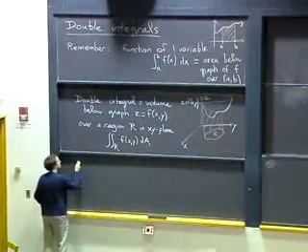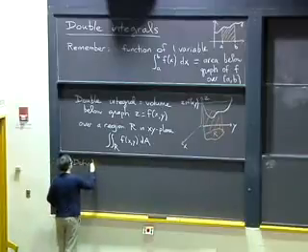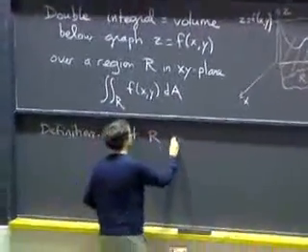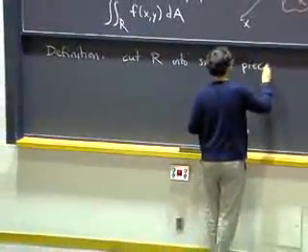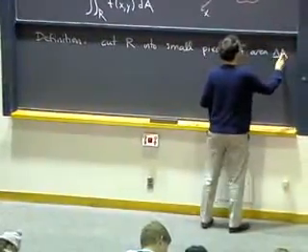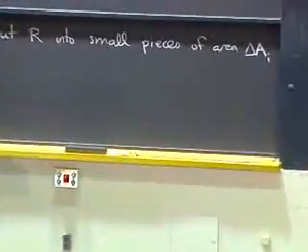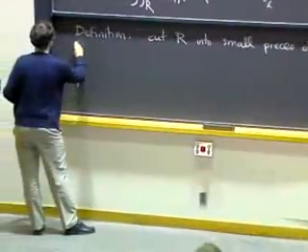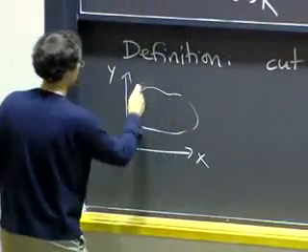So the actual definition involves cutting R into small pieces of area called delta A, or maybe delta A_i, the area of the ith piece. Maybe in the xy plane, we have our region, and we'll cut it using some grid.